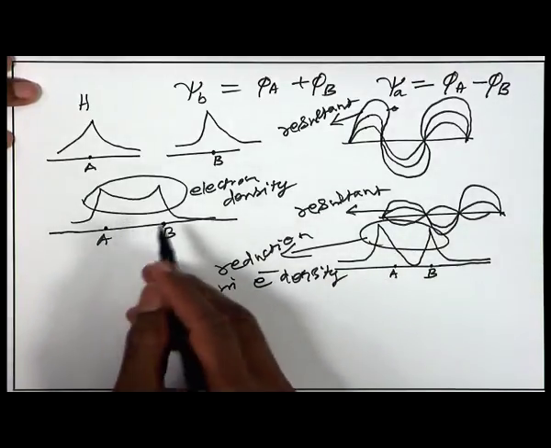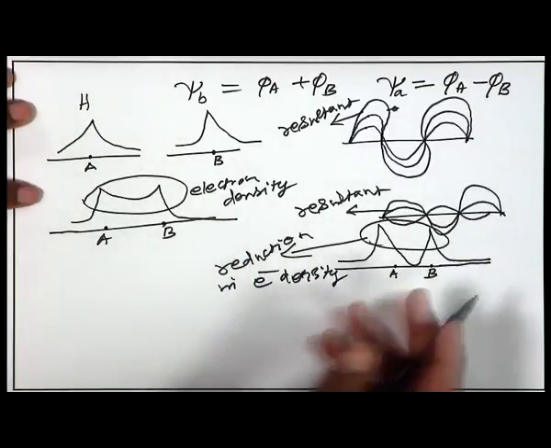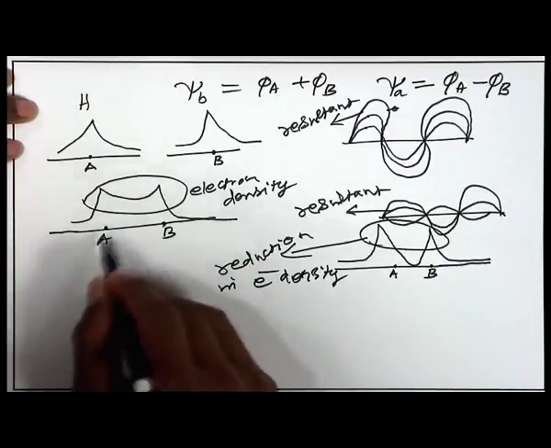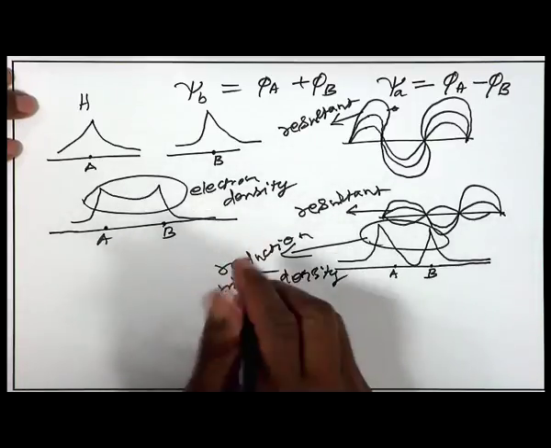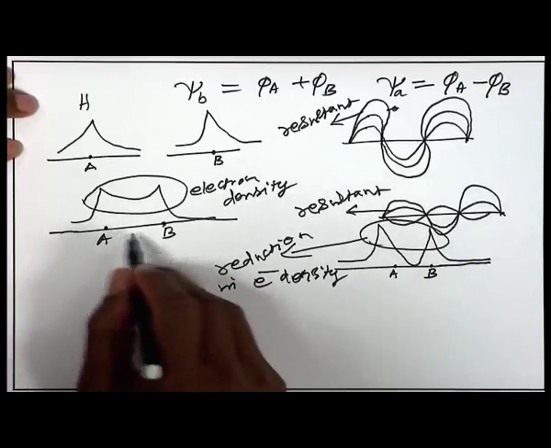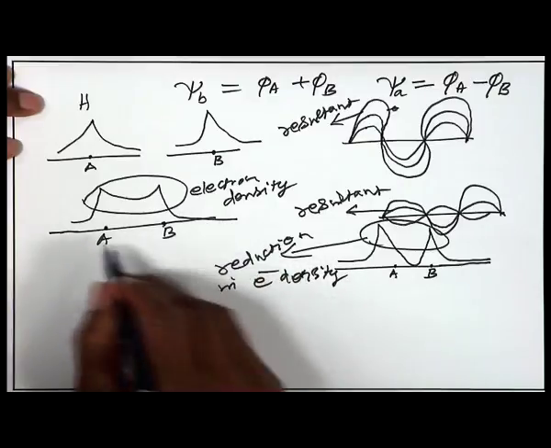In the other case there is an increase in electron density; in other words, the wave function of atom A and the wave function of atom B reinforce each other, that is, they strengthen each other between them. As a result, there is a buildup of electron density between them.